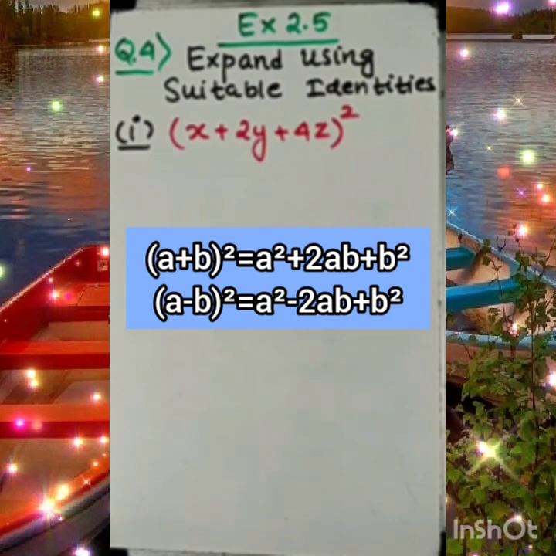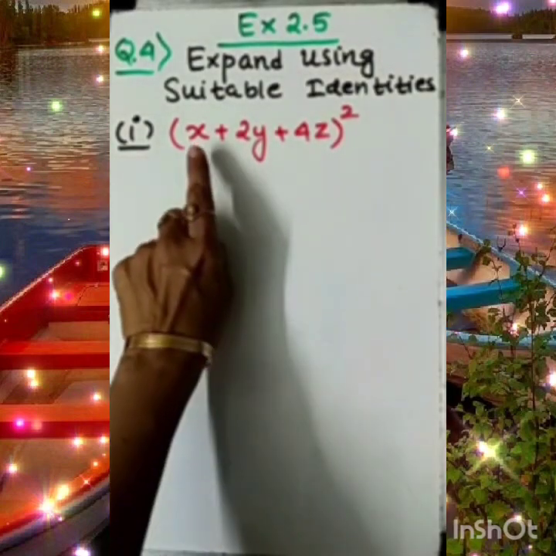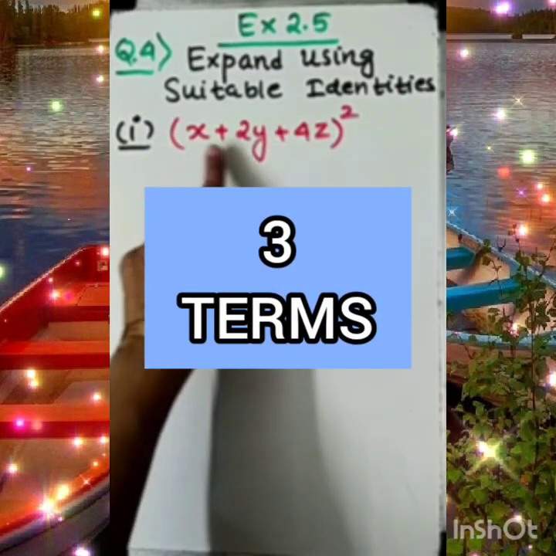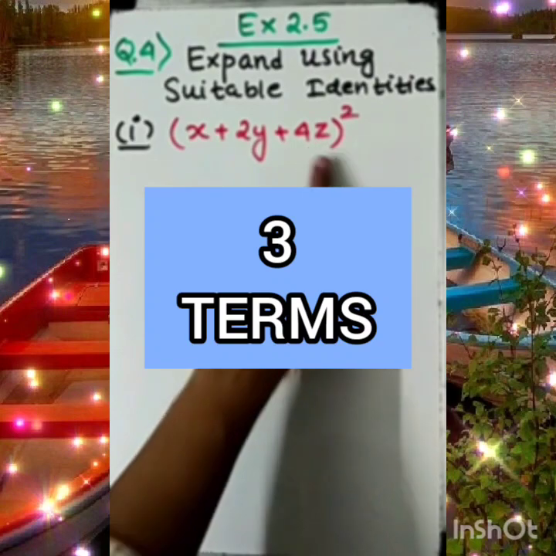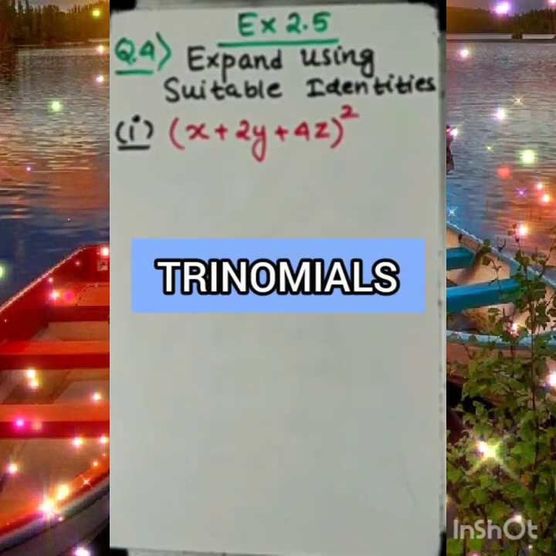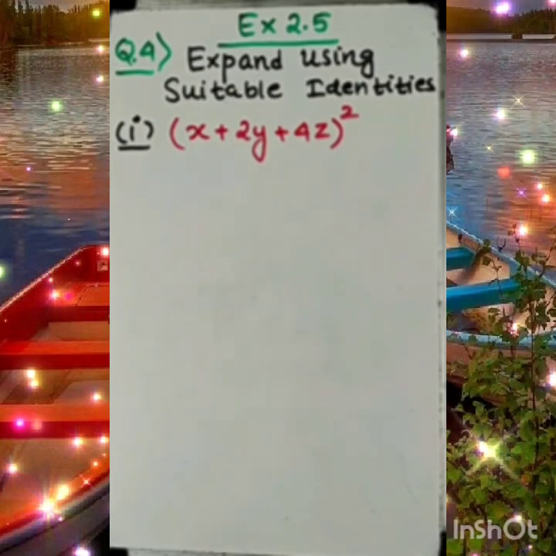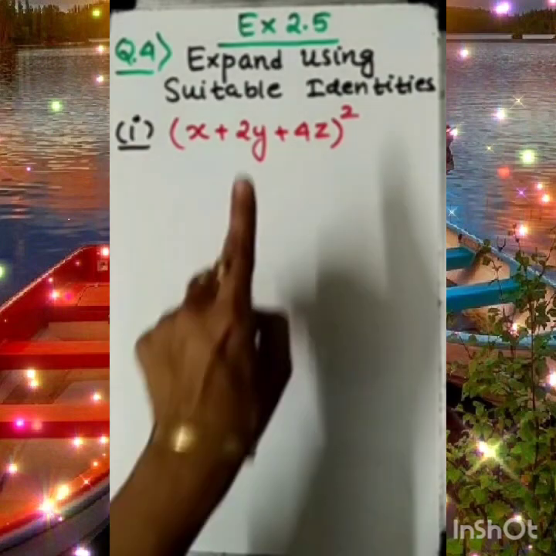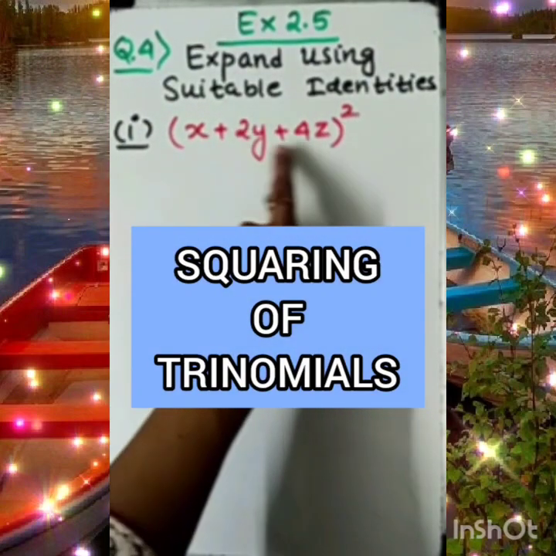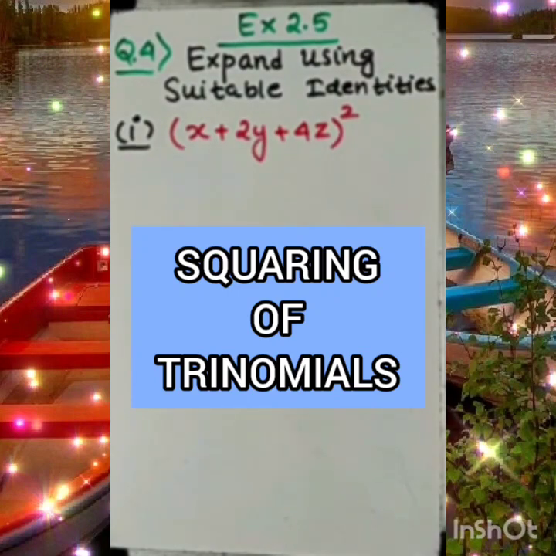But as you can see on your screen now, instead of two terms, here we have three terms: first term, second term, third term. Three terms are called a trinomial, so we need to apply the identity for squaring of a trinomial.